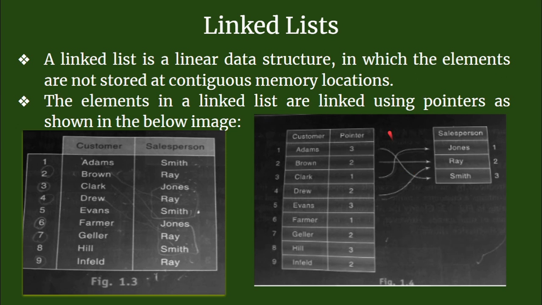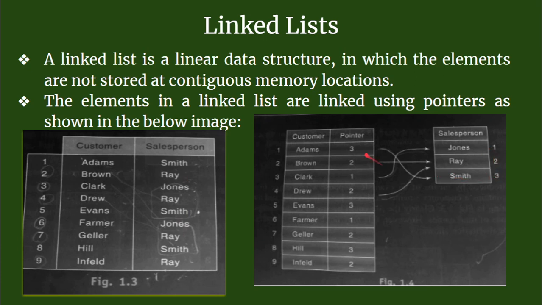We know that the linked list consists of pointers, and the pointers point to the relative elements. For example, here they are assigned some values. For Jones the value 1 is given, for Ray the value 2, for Smith the value 3. Now, instead of these names, the pointer values are assigned.